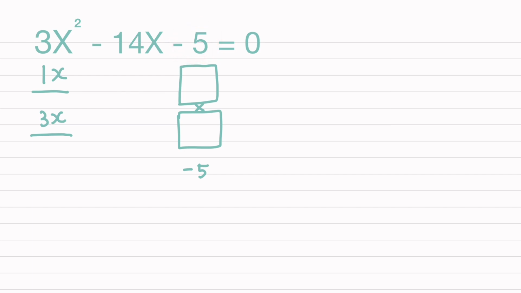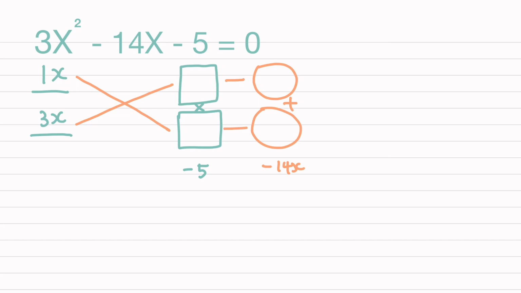And also, when I multiply 3x and the first box, put it here, and multiply 1x and the second box and put it here, they should add to give me -14x back. And -14x is this second term right here.